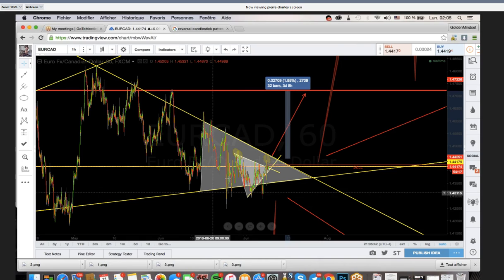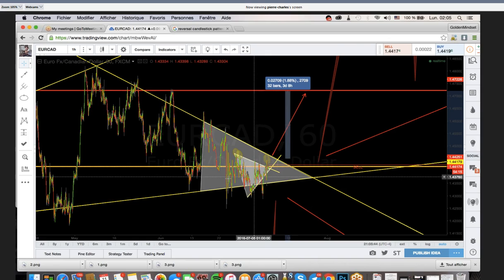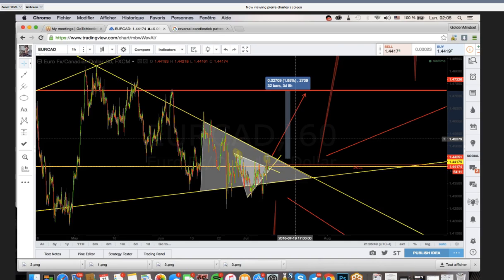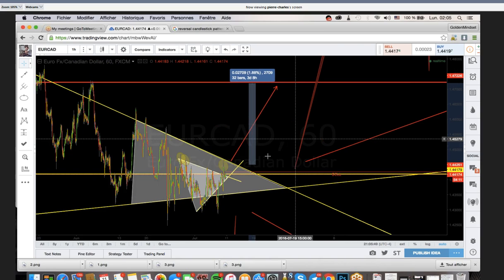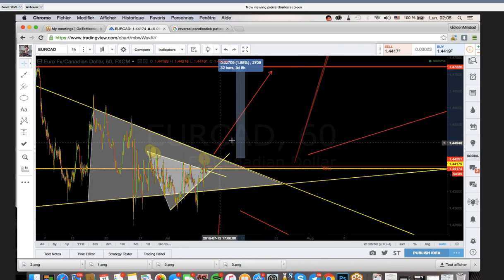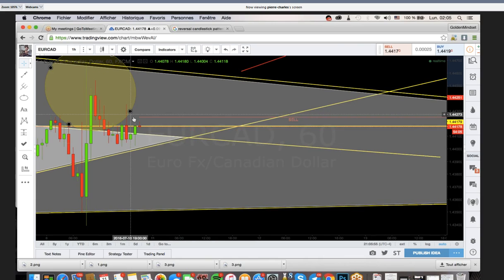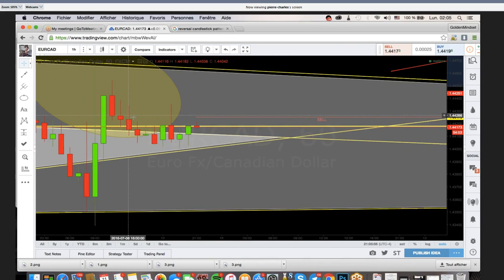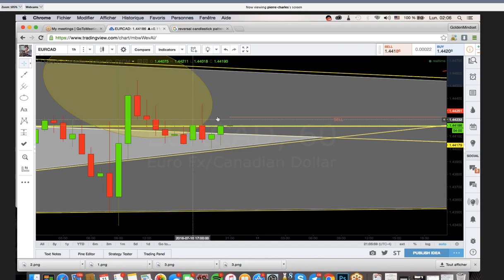If I look at the triangle there, it's actually breaking up. So that's another confirmation. Now I can wait for my buy. That's why I never buy right away, because now it's just playing around, going up.